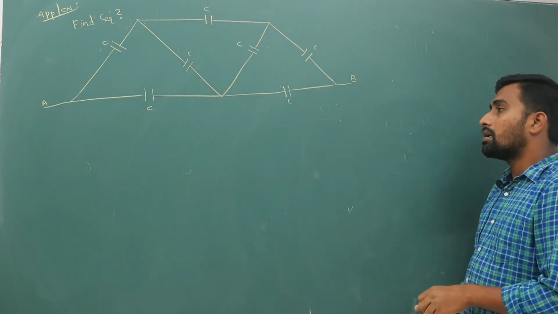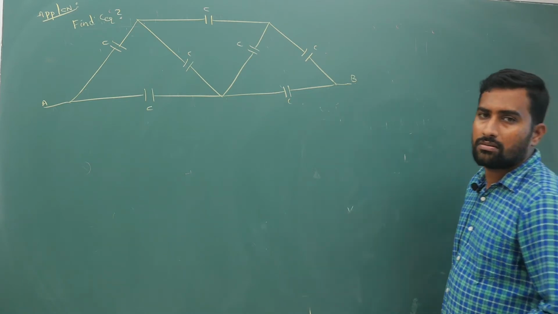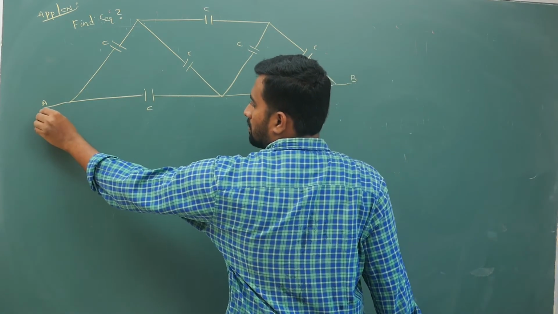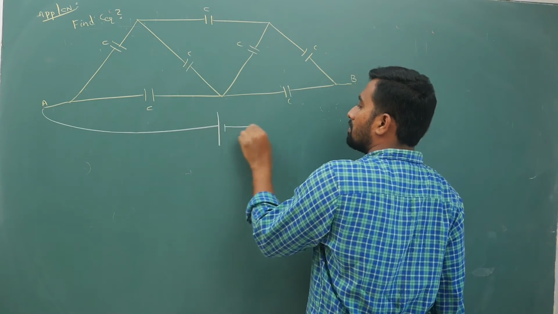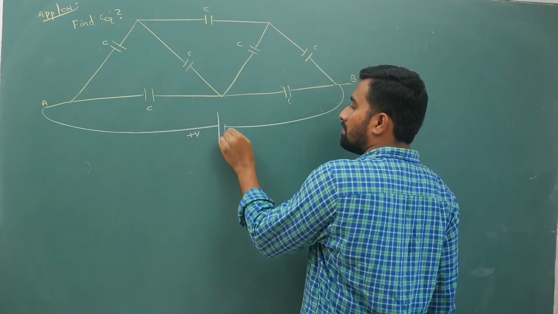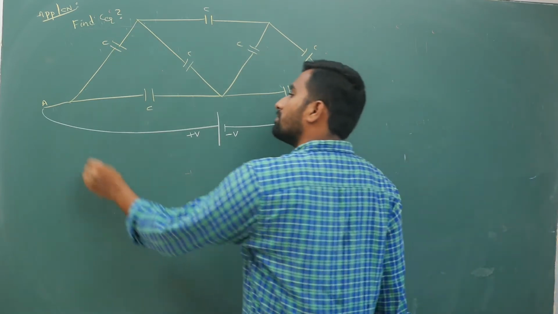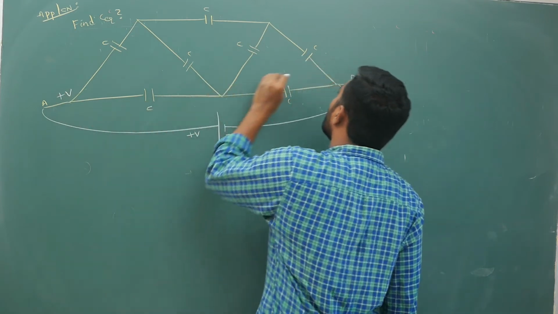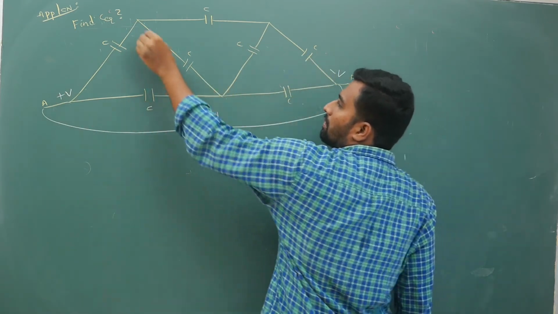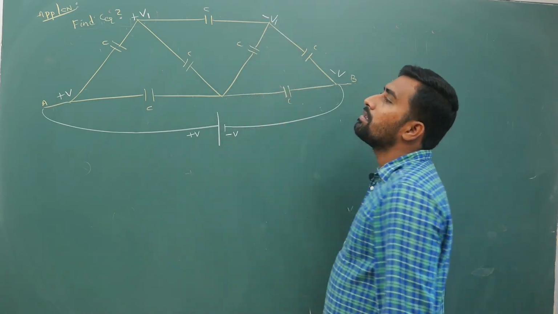Now if you are connecting this to a battery like this, if you connect a plus V and minus V battery like this, from this side it is plus V, this side it is minus V. After 1C, from here if I keep plus V1, this side it will become minus V1.